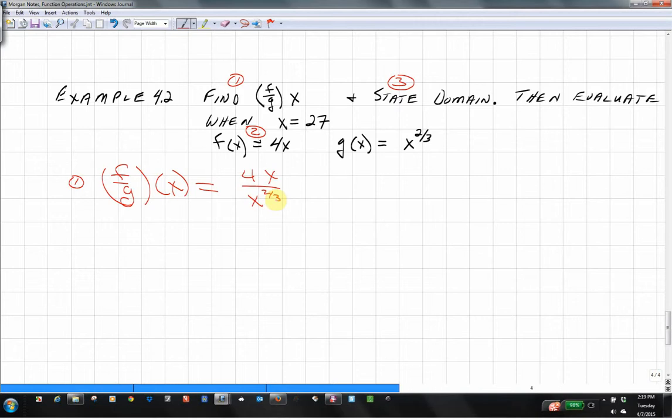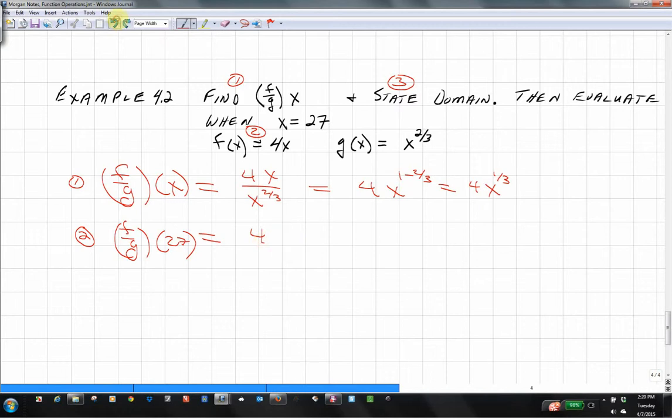Okay, so let's go ahead and simplify that. That would be 4x to the 1 minus 2/3. That's equal to 4x to the 1/3. Okay. Now I'm going to evaluate that at 27. So f divided by g, evaluated at 27, would be 4 times the cube root.